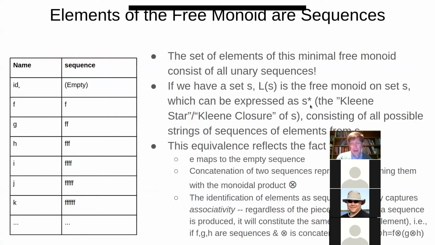And some of you may recognize this. Where have you seen this Kleene star or Kleene closure of S before? It's actually featured in 214 of all things as part of the teaching there. It comes up in regular expressions.